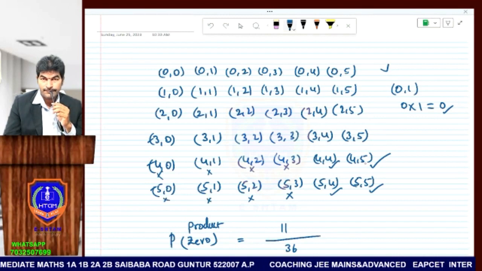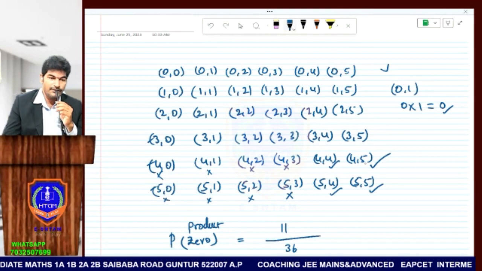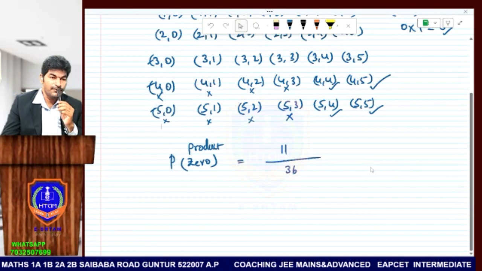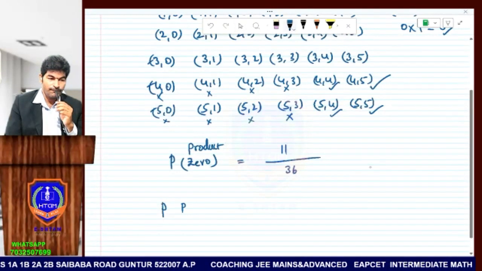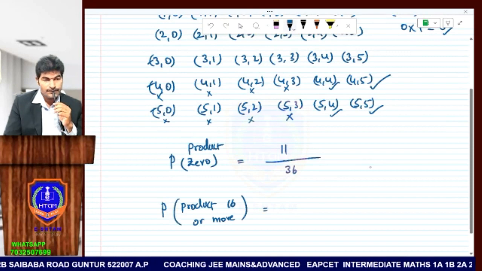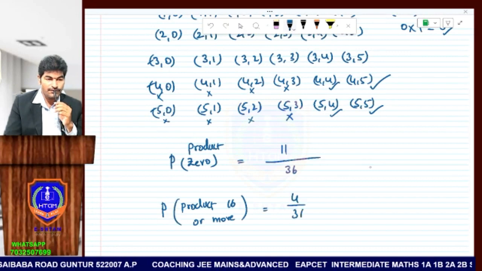Understood? So out of all, how many events are eligible for product 16 or more? 4 out of 36.